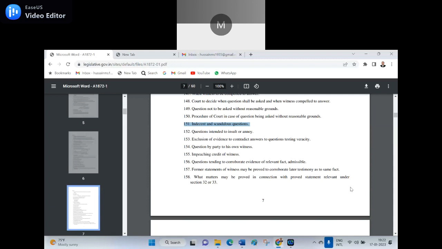I can pick it either from the decision or from the act. In the decisions also, there are certain points they have given. I can take from those points also and frame the question. And for some decisions, they may also ask who the judge is, because I saw the question paper, they asked the judge's name.